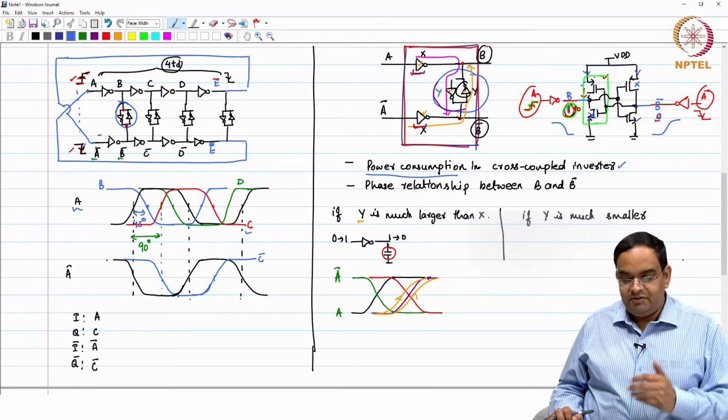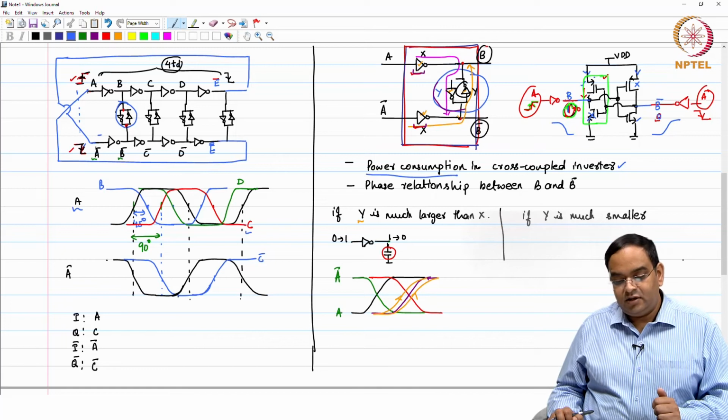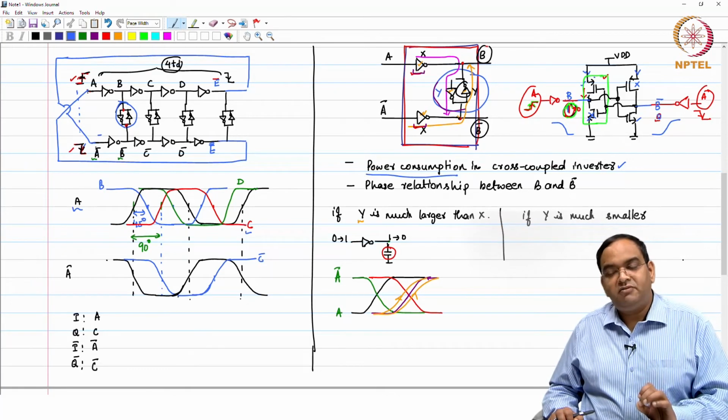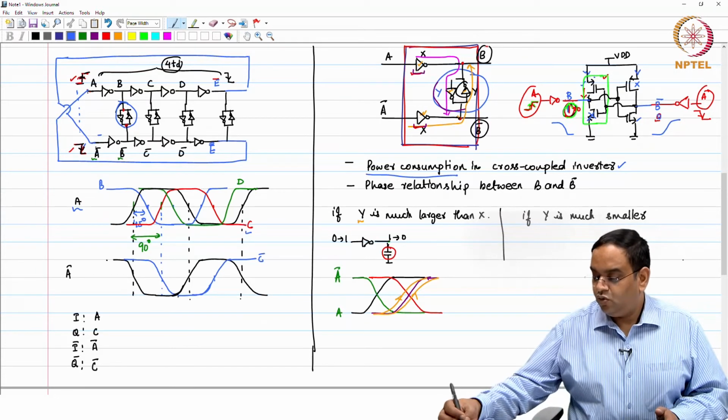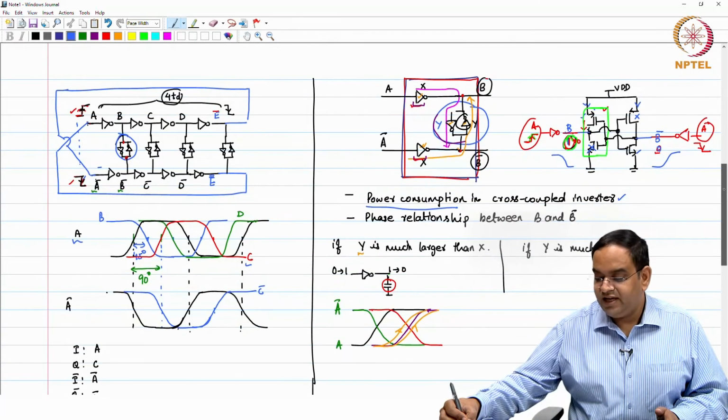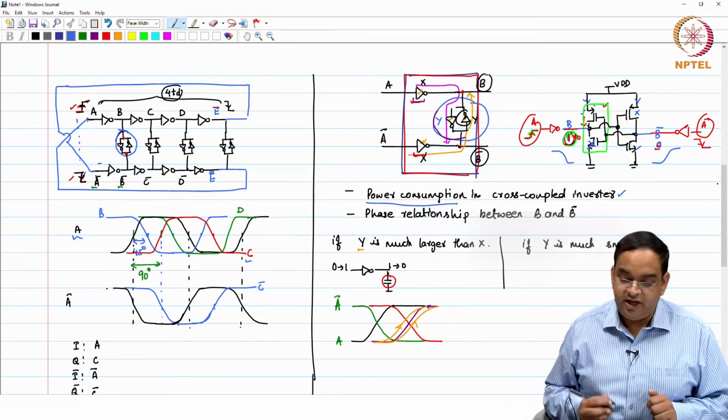Okay. We will look at another topology for the pseudo-differential ring oscillator, but if you are using cross coupled inverter, power consumption will increase for sure. Okay. So, that is how we optimize the size of the cross couple with respect to the main inverter.